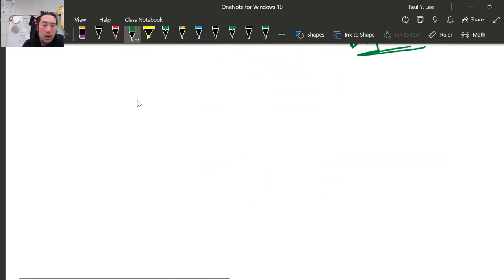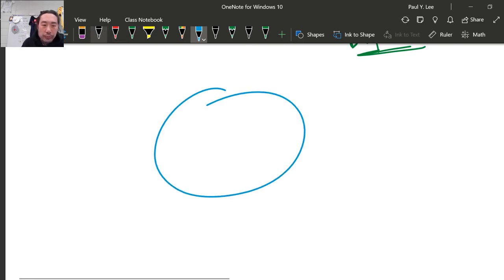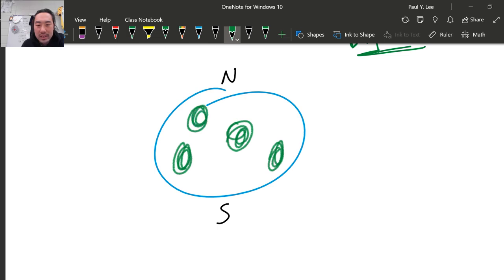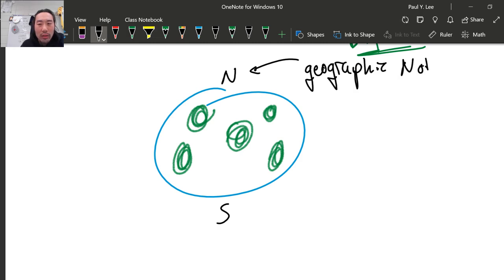So let's go to the Earth. I'm going to draw an Earth there. This is the north and this is the south of the Earth. These are different land masses. This is my Earth. If you ever use a compass to navigate your way around, the cool thing about the compass is that here this is what we call geographic north.